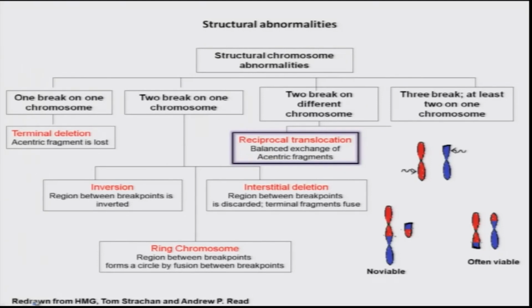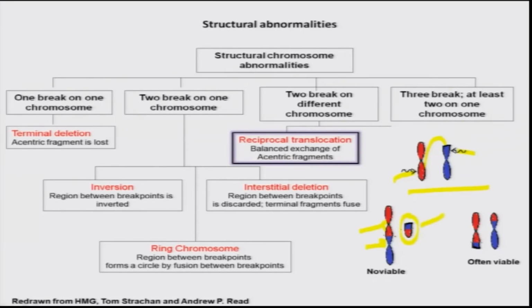Now we are going to talk about conditions where there are two breaks but on two different chromosomes, like those shown here. There is a breakage here, there is a breakage here. Now what happens as a result? These two chromosomes join together like what you see here. There are two centromeres.